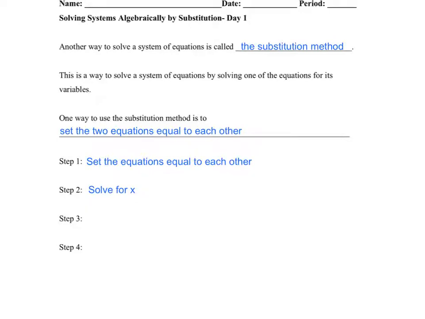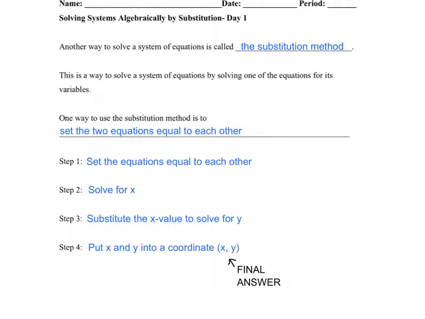Step 3, we're going to substitute the x value that we just solved for into the equation to solve for y. And then our last step, step 4, we're going to put x and y into a coordinate, xy, and that will be your final answer.